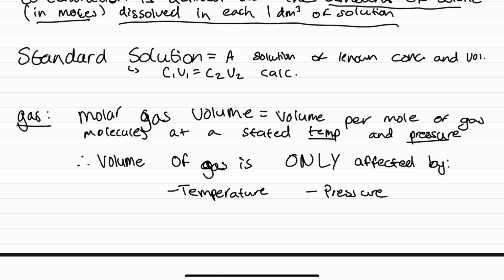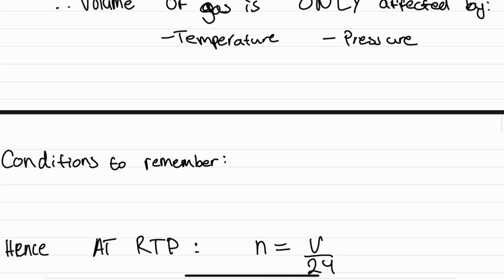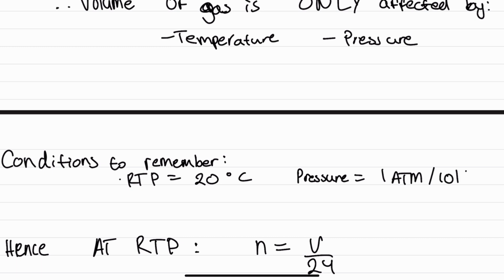But at room temperature and pressure, there is always one equation that we need to know. And that equation we will come to later on. But we need to know specific conditions at room temperature and pressure. So the temperature at room temperature, also known as RTP, is 20 degrees Celsius. The atmospheric pressure is 1 atm or 101 kilopascals.